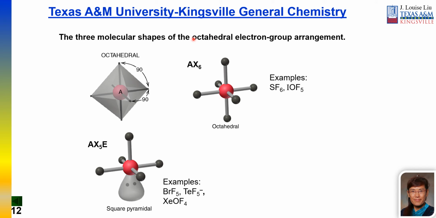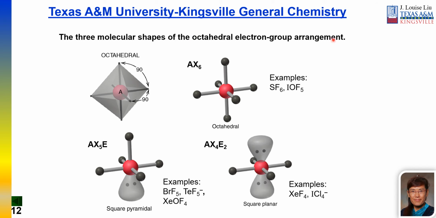Then for your octahedral electron group arrangement, you are going to have 3 different molecular shapes: octahedral, square pyramidal, square planar. If your electron group arrangement is octahedral, you have 1 bond angle, 90 degrees. Because you have 4 surrounding atoms located in the same plane and they are perpendicular to each other, you have 90 degrees.